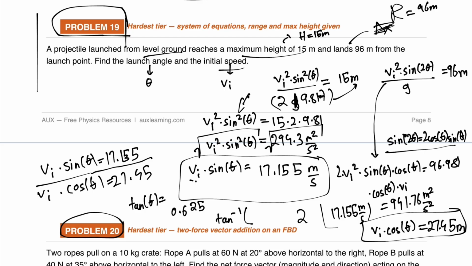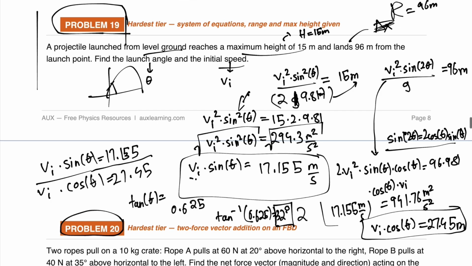You make sure you're going to be in the right domain. So first, this is 32 degrees, and we know that it goes like this. So we know that it's in the same range as negative pi over 2 and pi over 2, which is the arctan domain. Okay, so 32 degrees is our angle.